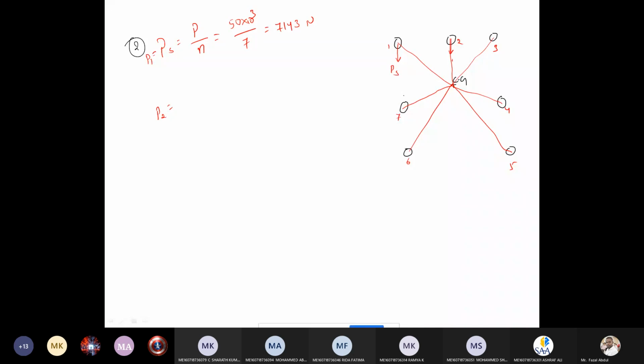Now the secondary shear force generated on each rivet is perpendicular to the line joining the rivet center to the system center, in this manner, perpendicular to this line.